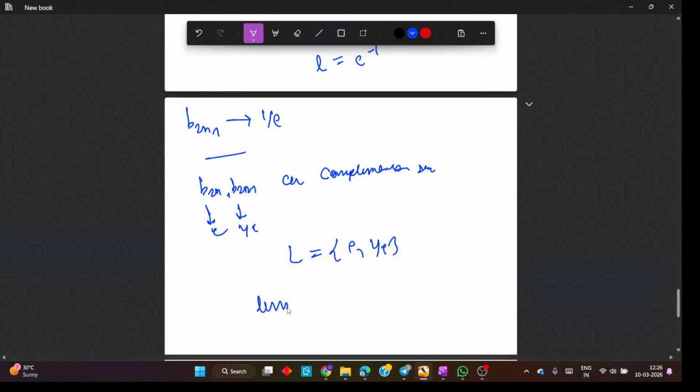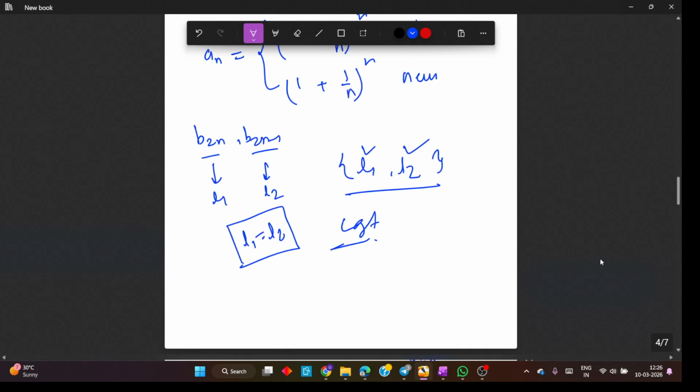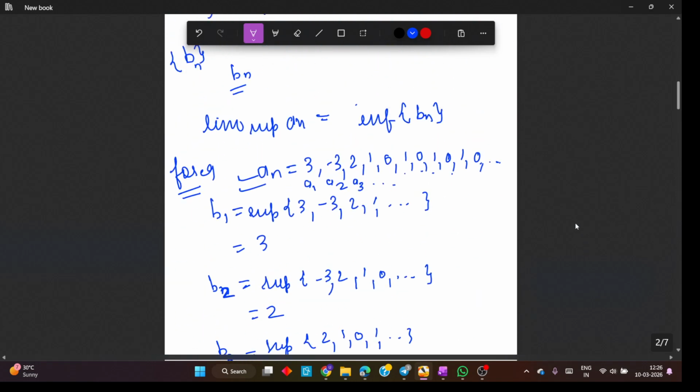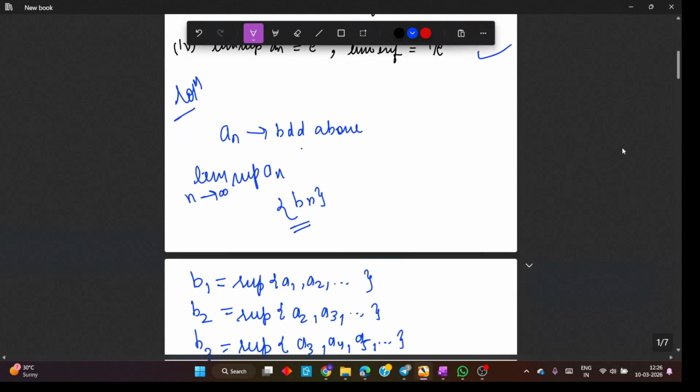So limsup of an would be the supremum of this set, and liminf would be the infimum of e and 1 by e. This comes to be e, this comes to be 1 by e. So option four is the correct answer.